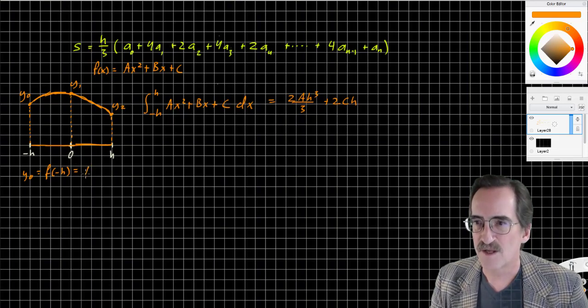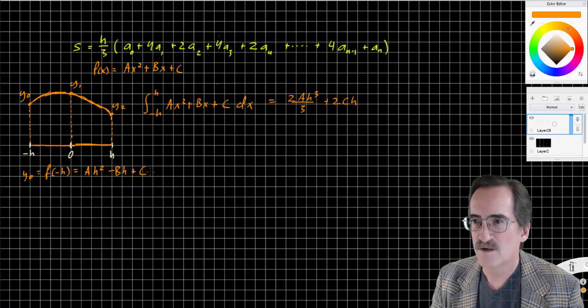So this is a negative h squared, negative squared is positive, plus b times negative h, so minus bh, plus c.